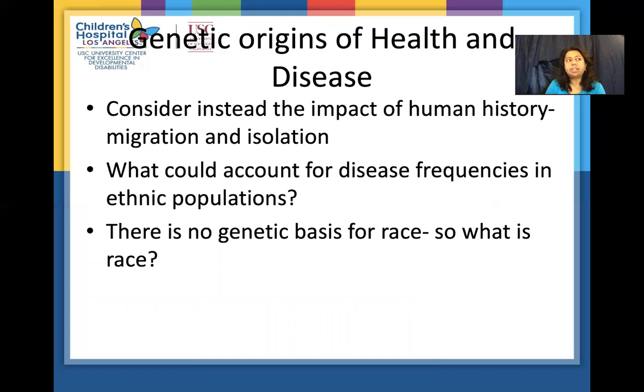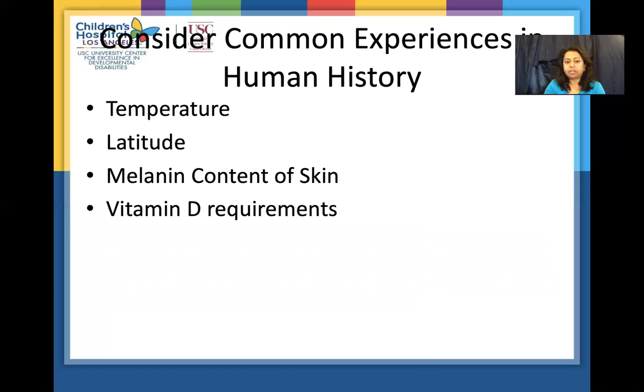And when we're really thinking about genetic origins of health and disease at the population level, you have to appreciate the impact of migration and also what is known as geographic and genetic isolation. So whether or not populations continue to marry and have offspring over time, disease frequencies can change depending on the isolation of different populations.